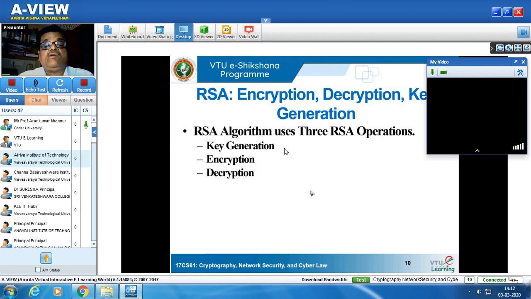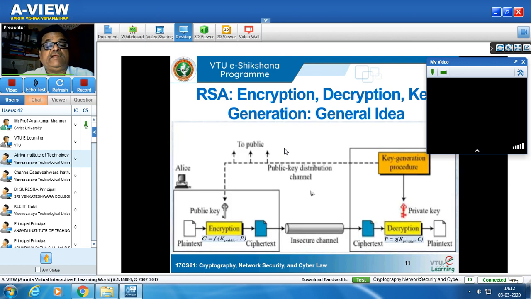So the RSA algorithm, in order to play around with this to provide security, that is encryption, decryption, public key generation and private key generation, we have to carry out three types of operations. One is the public key.